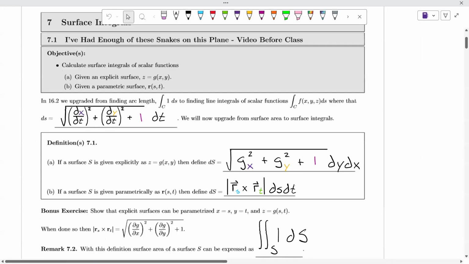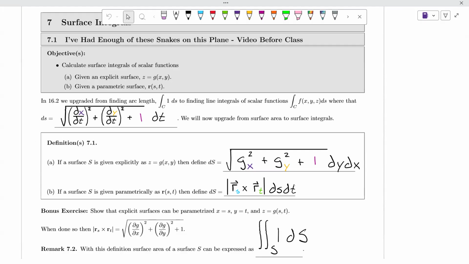Starting with a review of some of the stuff that was in that pre-class video. Going back to that idea of arc length and line integrals, we had an equation to find ds, where ds is the differential for moving along some curve.